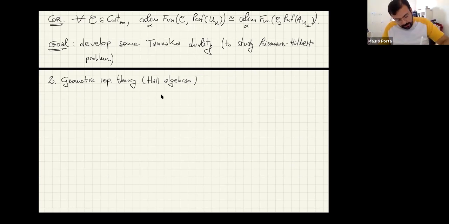Okay, so let me give another example. Here the setup is quite different. Let me just simplify the thing as much as possible.